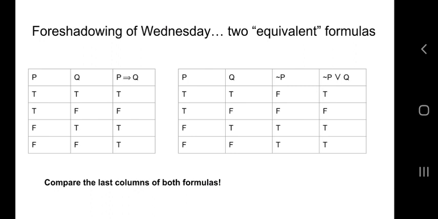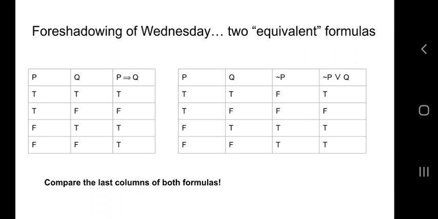Okay, another pair of equivalent formulas. This is a little foreshadowing, but if you constructed the formula P implies Q in brackets, biconditional, bracket not P or Q, that would be a tautology. If you created the truth table for that, it'd be all trues in the last column.